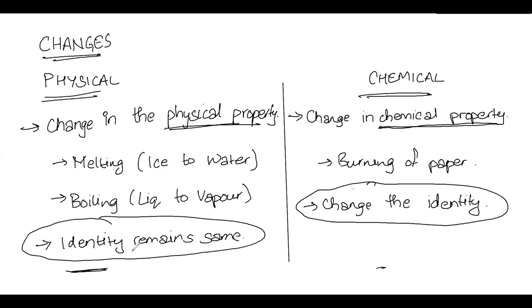Whereas when we consider the burning of paper, earlier it was paper, but now after reaction, it has turned into ash. So the identity of the substance is changed. These are the basic differences between a physical change and a chemical change. I'll wait for you if you want to note down, and if you have any questions, you can ask me. Hope you all are understanding.